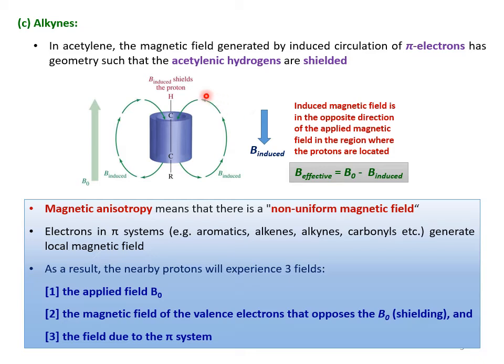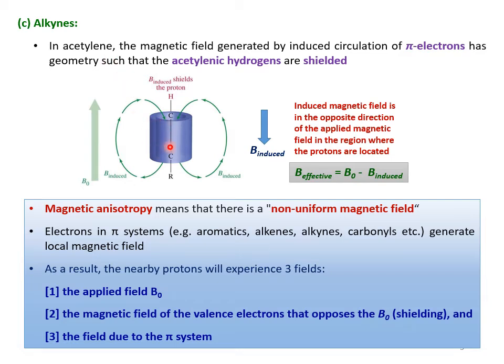However, the acetylenic protons show lower delta values than the protons bonded to the sp2 hybridized carbon atom. This is again explained by the anisotropic effect.